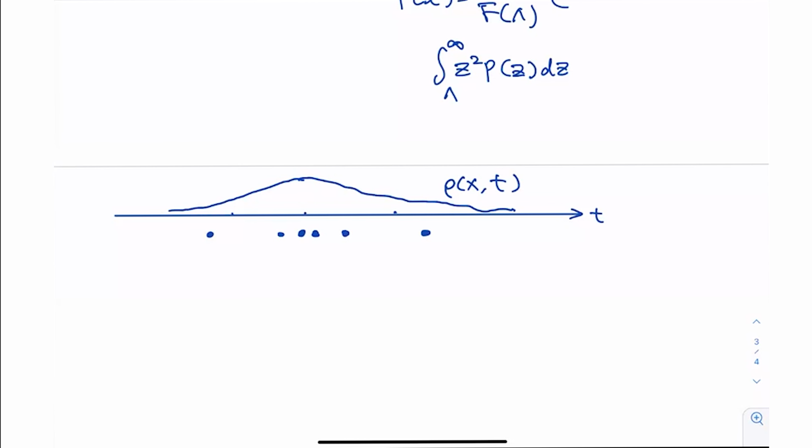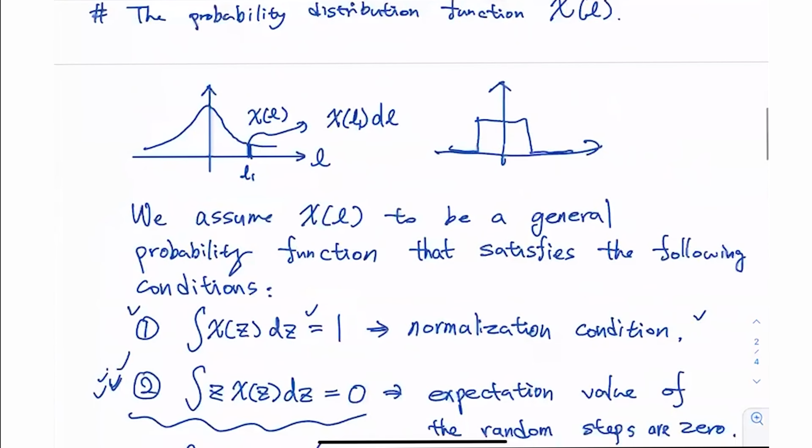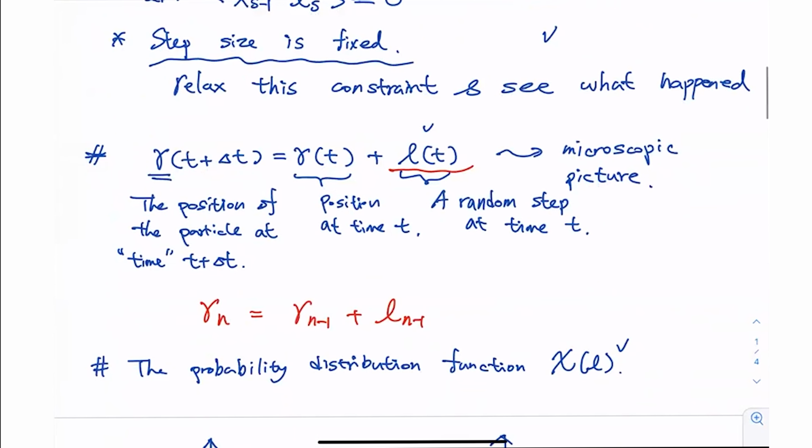So we use a continuous function to describe it. Then we try to make a connection between what we just proposed, that these little particles will move in a random way, and go from this microscopic picture to the density profile, which is described by a continuous function. That is more reasonable for our macroscopic world. I'll stop here, and if you have any questions, just ask me.